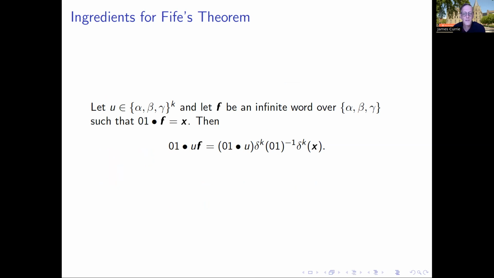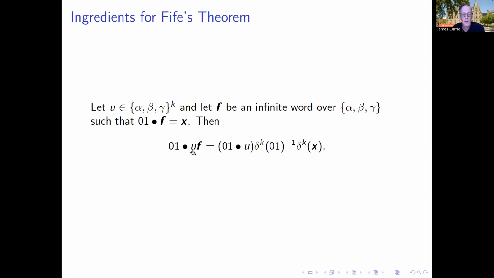Next, we have this result. If I have a finite word U and F is an infinite word, both of them over alpha, beta, and gamma, let 0, 1 dot F be X. Then if I apply UF to 0, 1, what happens? Well, U has length K, and I start with 0, 1.